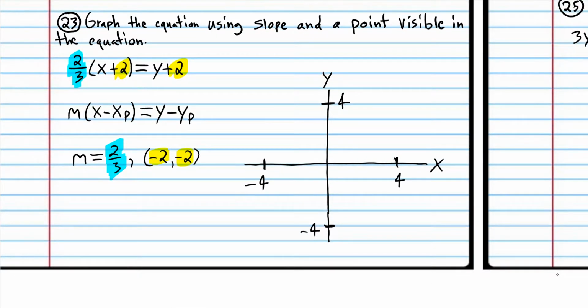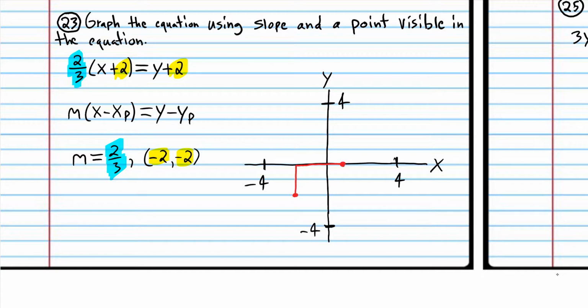So now, first what we're going to do is mark our point, -2, -2, which is down here. So that's our point, and we're going to keep our pen on that point. And we're going to go up 2 and over 3. Why up 2 and over 3? Well, because that's the slope, up 2 and over 3.